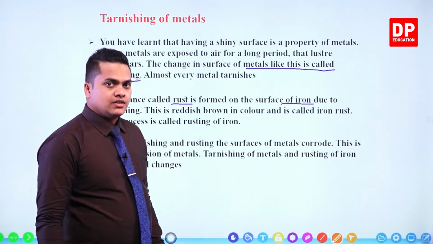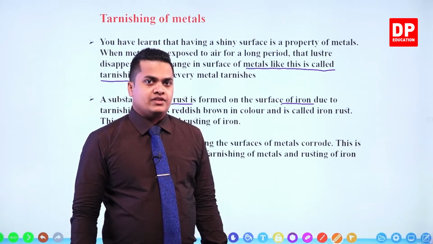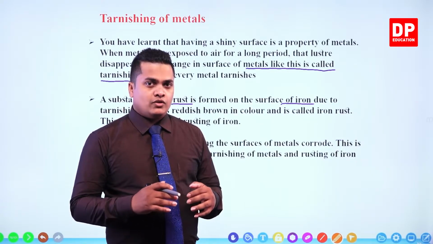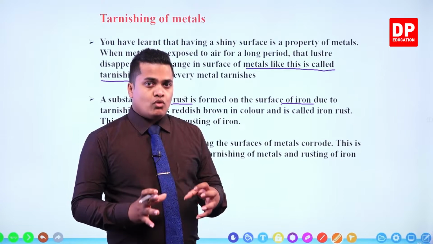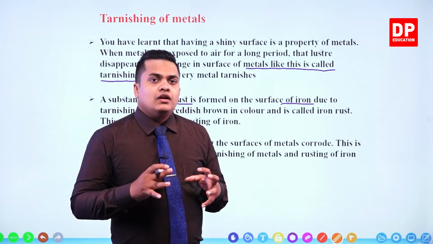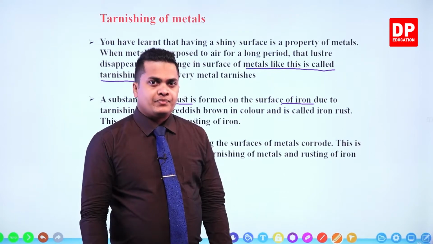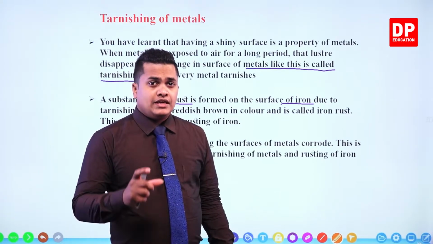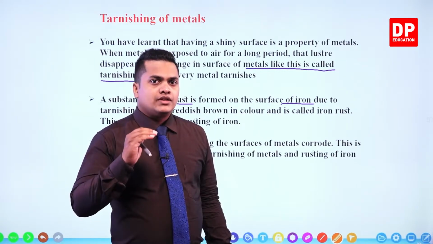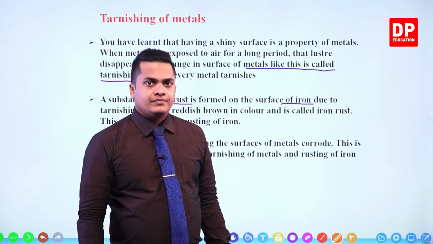Iron is the most common metal that we use in our day-to-day activities, so iron is giving us many good advantages in our day-to-day working activities. So my dear children, under the tarnishing of metals, we'll be discussing the tarnishing of iron, which is specially called rusting of iron, right?